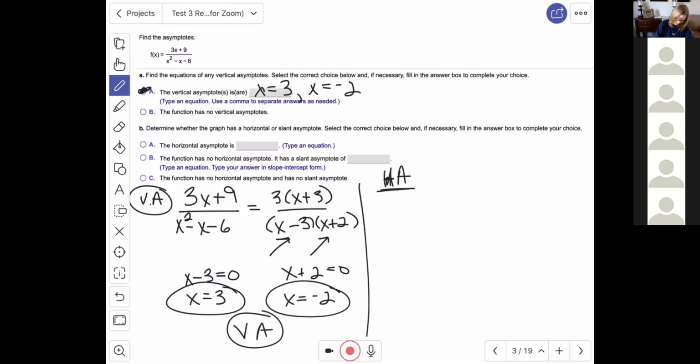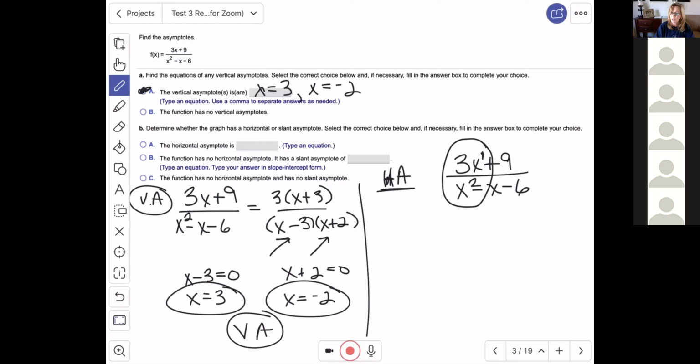Okay, this is the one, if you remember, I'm going to recopy again my original function. As long as you know what you're looking for, you can answer this really quickly. For horizontal, you just look at the leading terms and the exponents. You've got x to the first on top and x squared on the bottom.